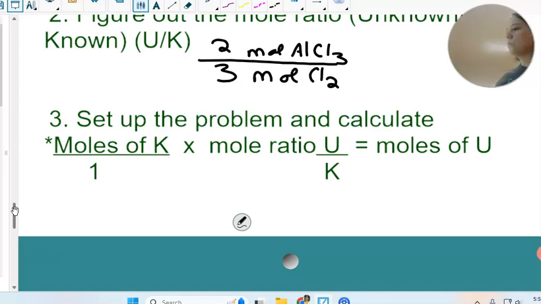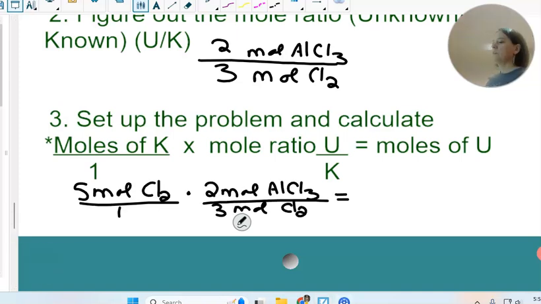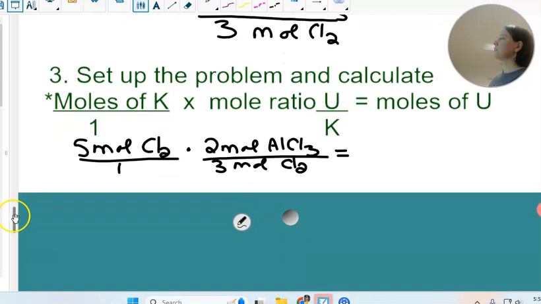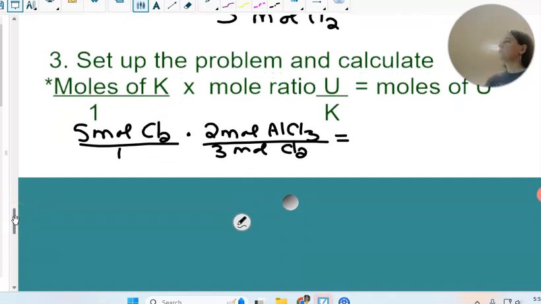So moles of our known. Now we go to our problem. 5 moles chlorine. Okay, I took the liberty to finish writing it to save a little bit of time. So 5 moles of chlorine over 1 times our mole ratio, 2 moles of aluminum chloride over 3 moles of chlorine. Moles chlorine cancel.